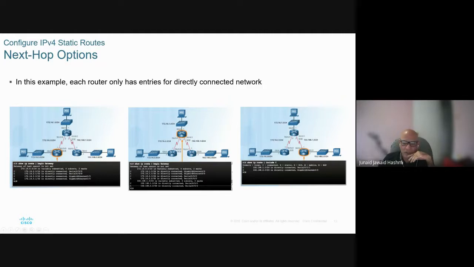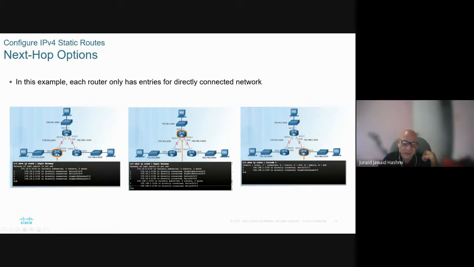All right, so here R2, so R1 is, so first rule is to identify which network is not directly connected to your router. So if you're configuring R1, so if you look at the topology, you see 3.0 is directly connected to R1 and 2.0 is also directly connected to R1.